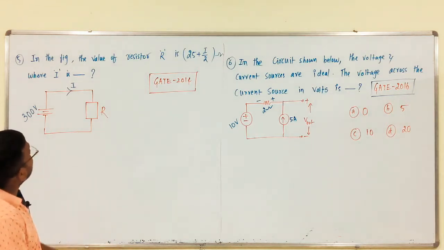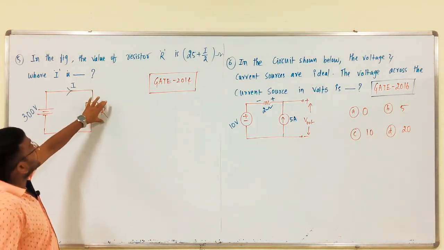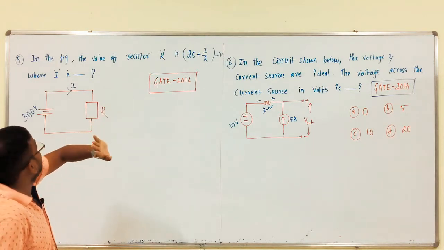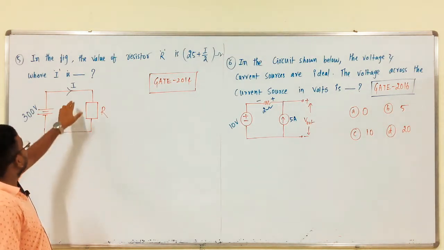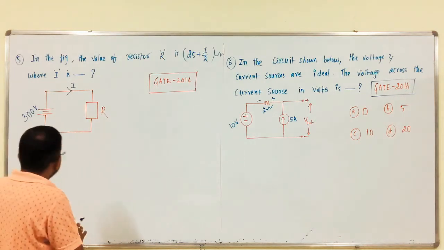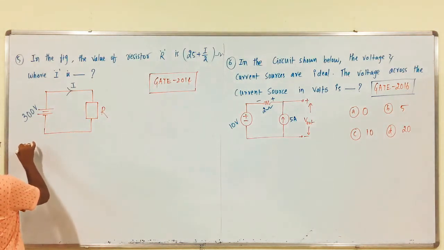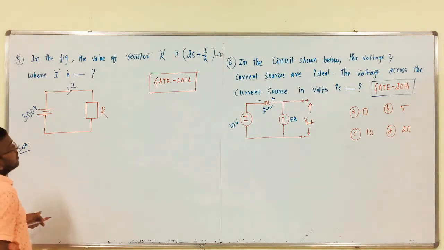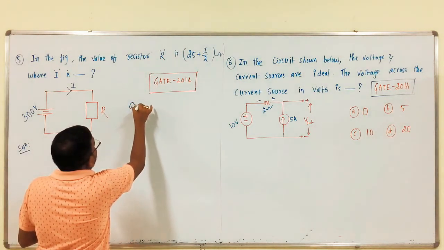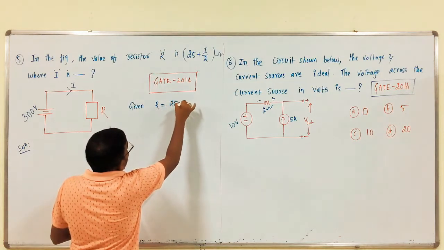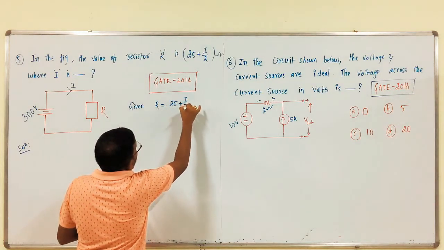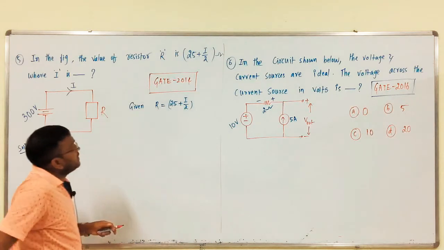So, in this figure the value of resistor R is given as 25 plus I by 2, where the value of current is what? We have to calculate the value of current. Solution: given R is equals to 25 plus I by 2, right.